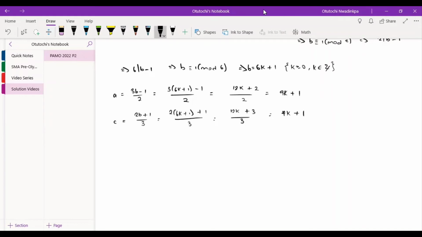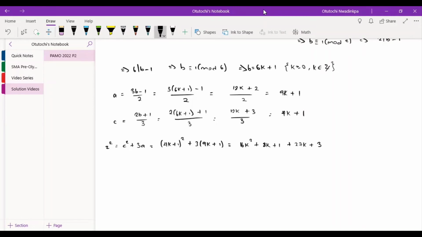Now it's just a matter of substitution, right? So we have z squared is equal to c squared plus 3a, which is equal to (4k plus 1) squared plus 3 times (9k plus 1). And this is equal to 16k squared plus 8k plus 1 plus 27k plus 3.